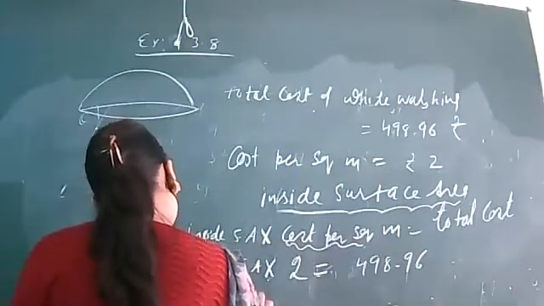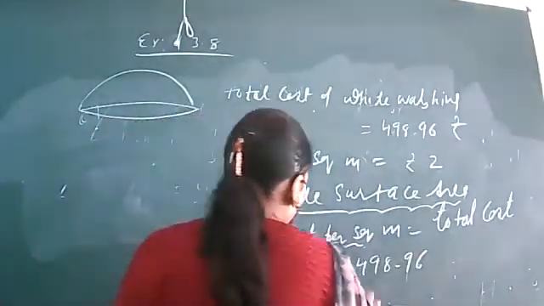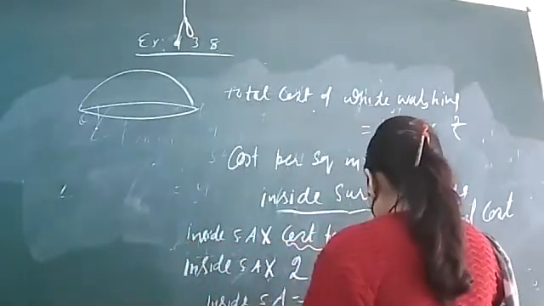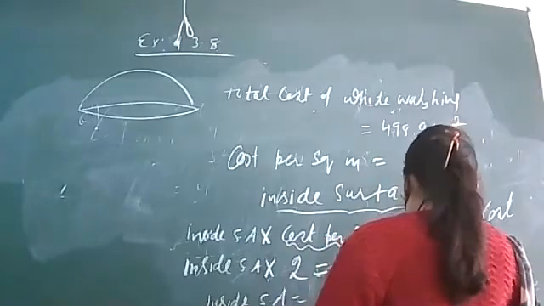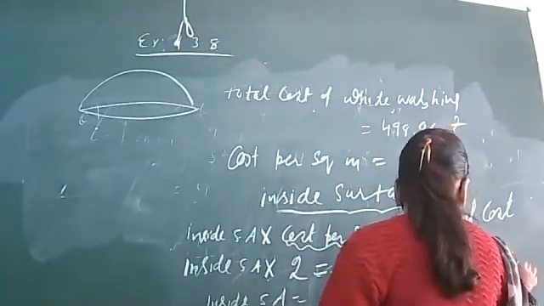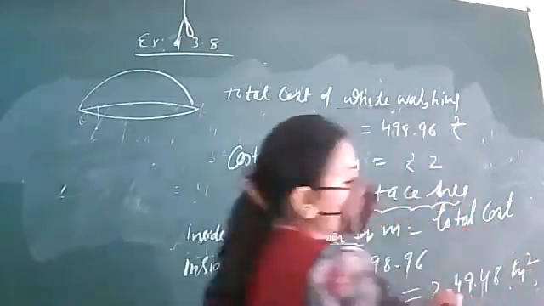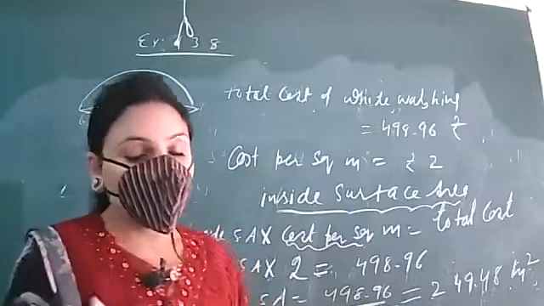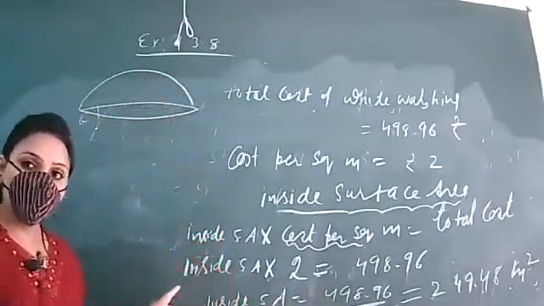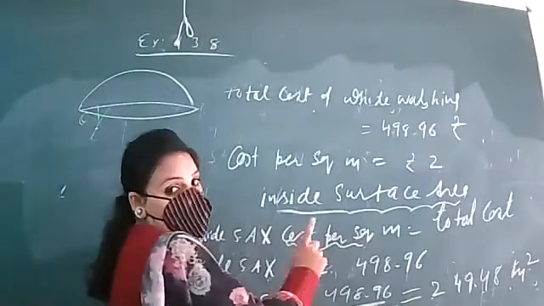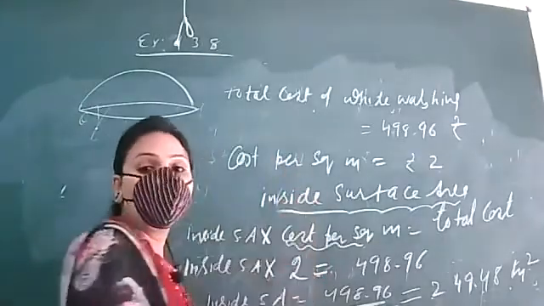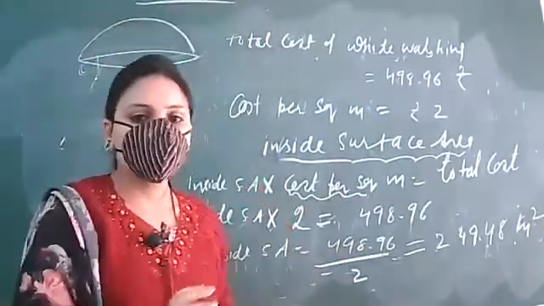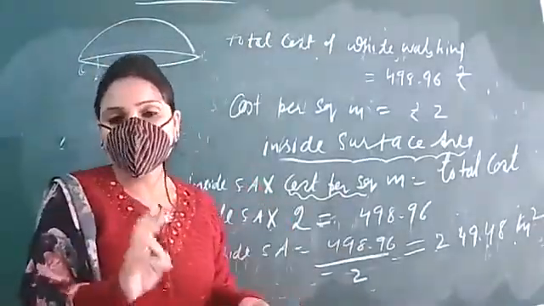So inside surface area is equal to 498.96 divided by 2, and this is equal to 249.48 meter square. So first thing that was asked was find inside surface area, and that we have found out by using the relation between the inside surface area, total cost and the cost per square unit. तो ये हमारा आंसर यहाँ तक आ गया. Now what is the second part?